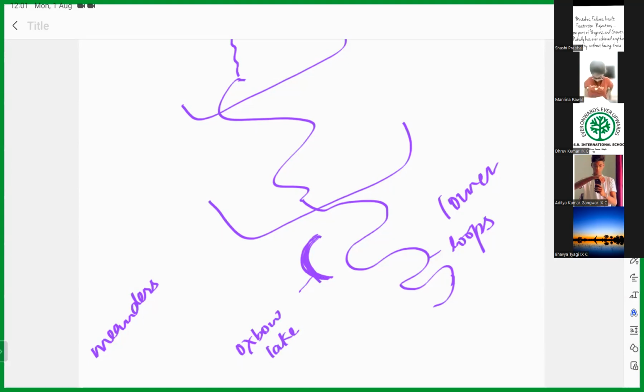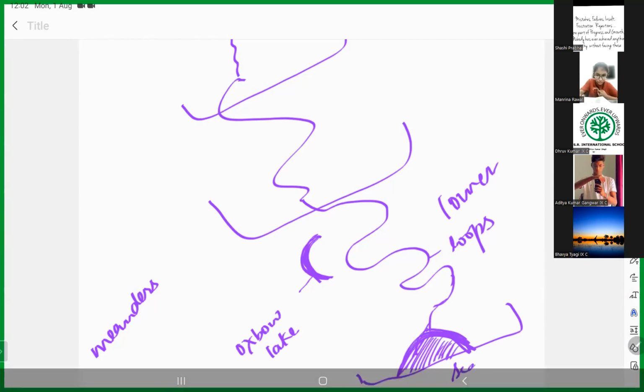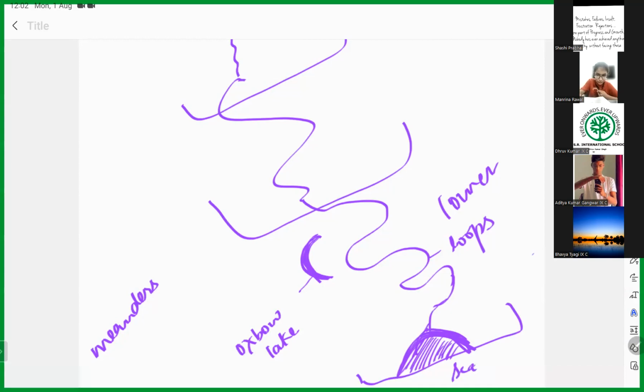Now, finally, when the river water enters the main river, this is the last course of the river. Now, this is a triangular shaped feature that is formed when the river water finally goes into the sea. Clear?